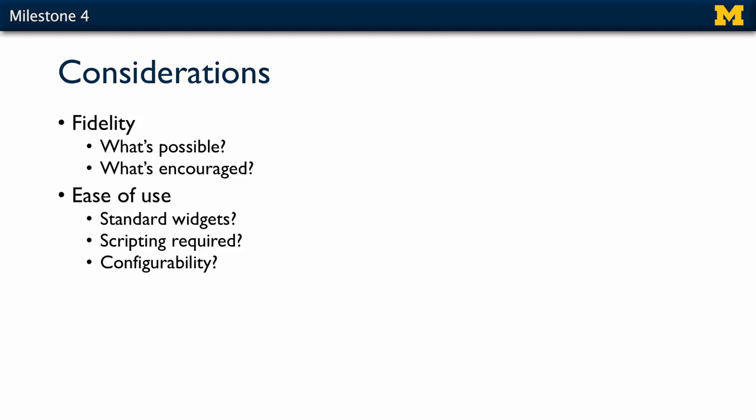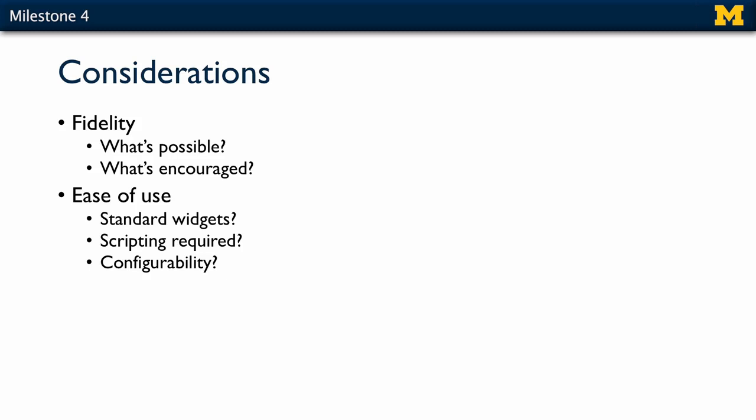Another important consideration is the ease of use, and this will be related to the fidelity that it encourages you to try to produce. So for example, does the tool give you standard widgets that you can drag and drop? Does it give you standard buttons and text boxes and image fields and things like that? Or is that something you have to draw manually by yourself? Does the tool require scripting to create the transitions between different screens?